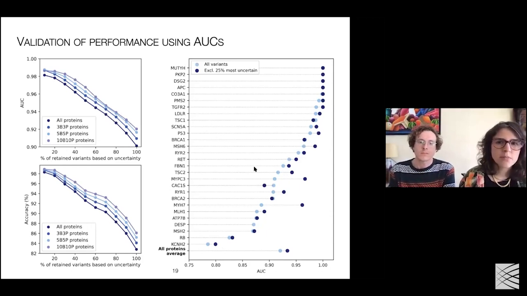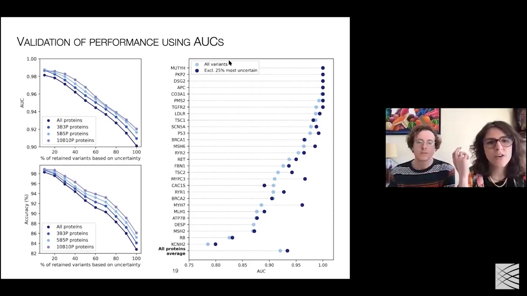But just like Johnny said, because we have a notion of uncertainty, we can do better than perform classification of all variants. In the end, if we want to reach a certain level of accuracy, we can do a tradeoff of how high accuracy we want to get versus how many variants we would like to be able to classify.